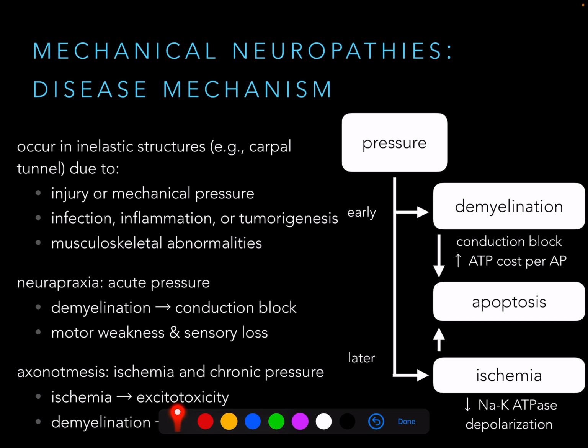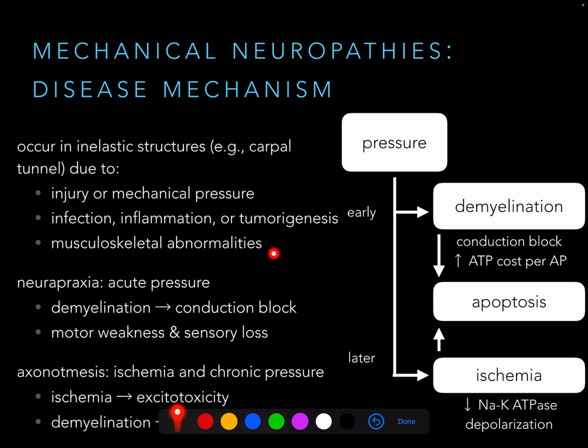We could have infection or inflammation or a tumor growing. So we might have a thing that's decreasing the amount of space available and thus increasing pressure. Or you might just be, unfortunately, born with it. We're all snowflakes, and so all of us have slightly different body structures. Some folks are going to have a carpal tunnel that's really prone to causing nerve compression.